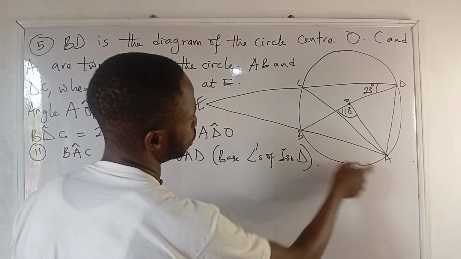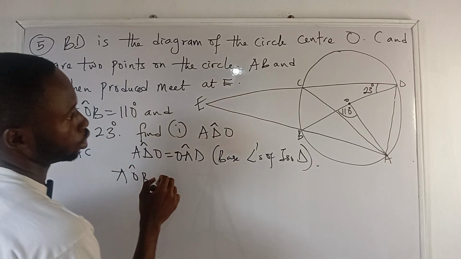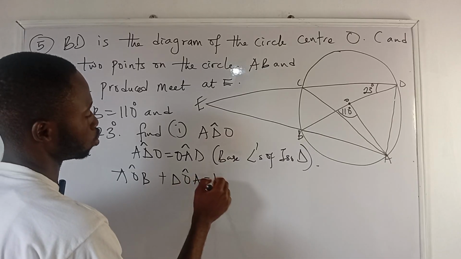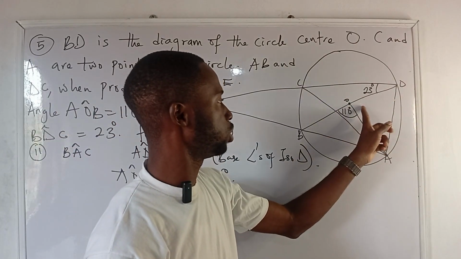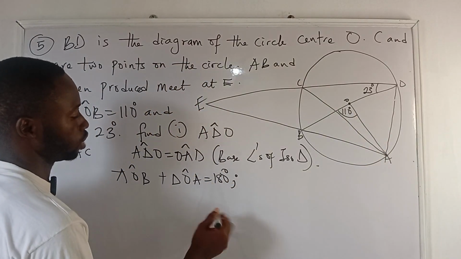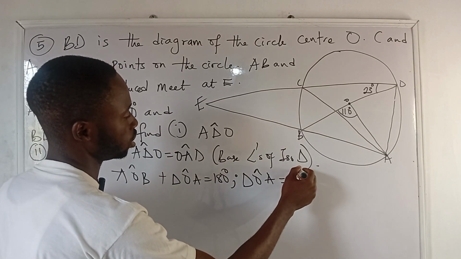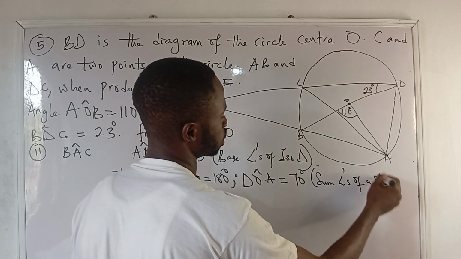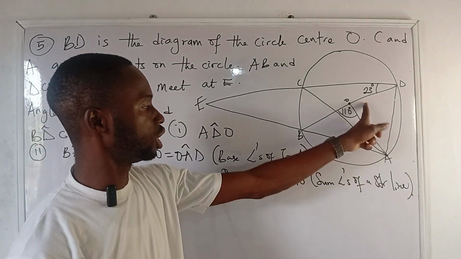We'll say that AOB plus DOA equals 180 degrees. What we mean is DOA, that is this angle here. Sum of angles on a straight line, these two angles give us 180. So we automatically know that DOA is 70 degrees, because if we deduct 110 from 180, we have 70. So this DOA is now 70 degrees.